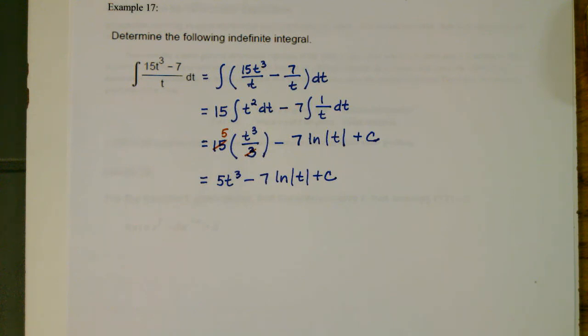Okay. So that would be the integral of 15t cubed minus 7 divided by t dt: 5t cubed minus 7 ln of the absolute value of t plus c.